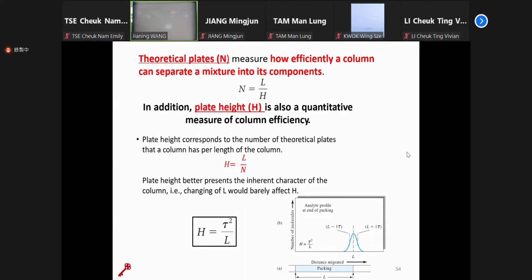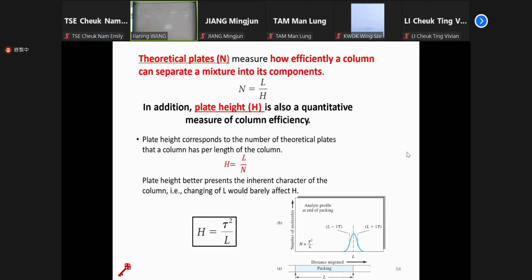L is also the length of the column, and this represents the space occupied by the analyte in the column. When you have a certain amount of analyte and it goes through the column, it always occupies some space inside the column.